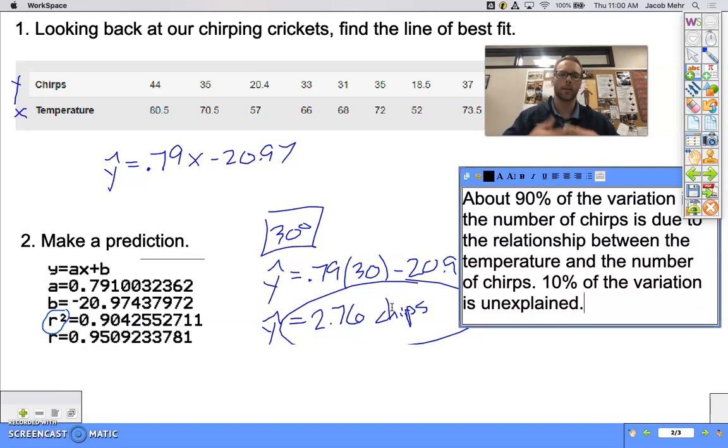We don't know why that variation exists, but 90% of the variation in the number of chirps is because of the relationship between the number of chirps and the temperature. That's the statement that we get to make from the coefficient of determination.